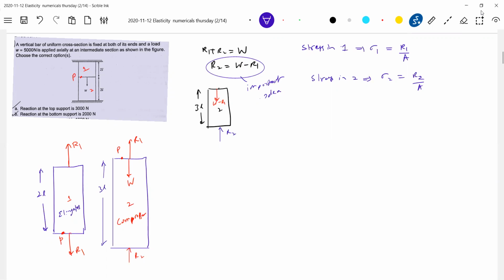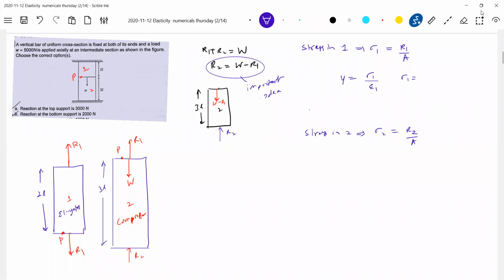Shall we go for calculation of elongation in the rod 1? We know stress. Okay, we'll calculate elongation now. How to calculate elongation? Delta L1. Young's modulus is equal to stress by strain.